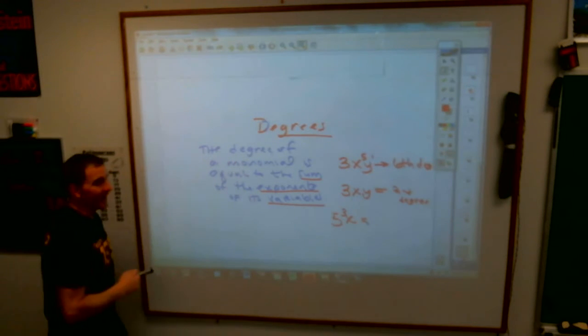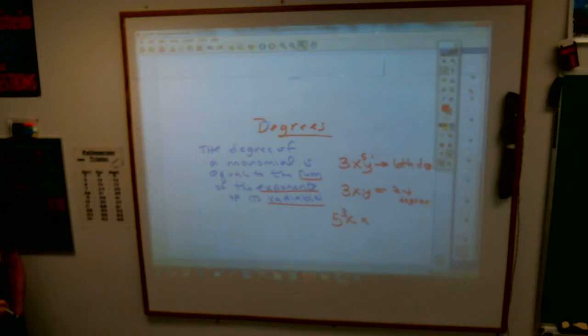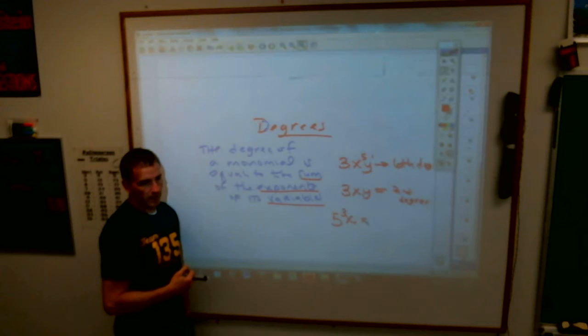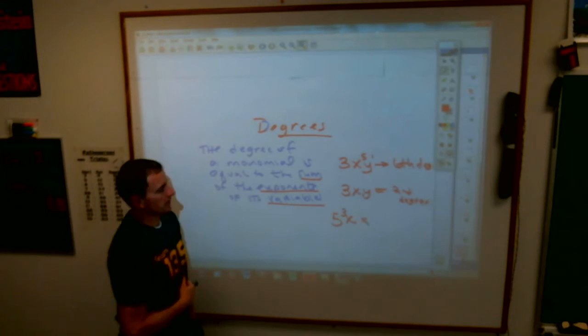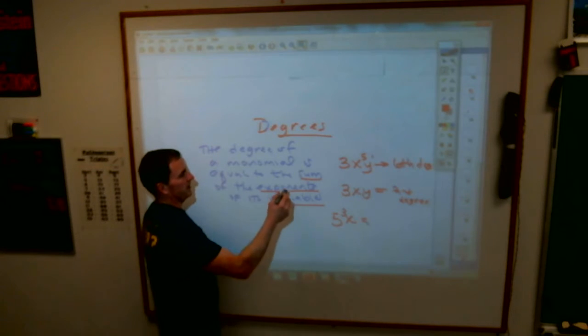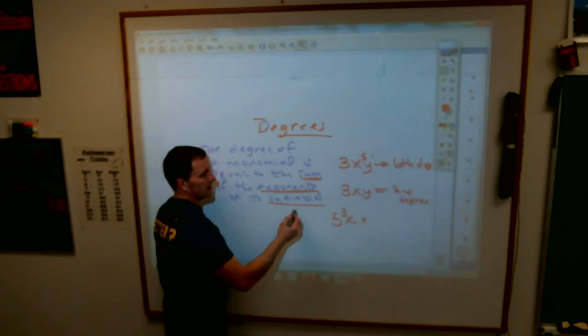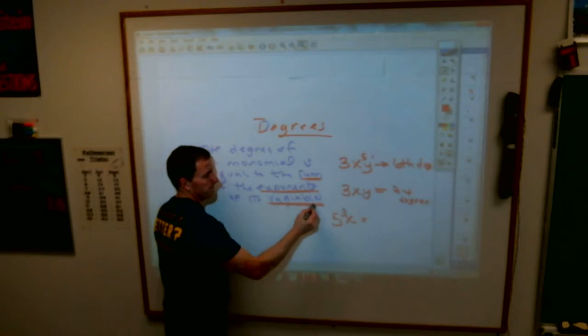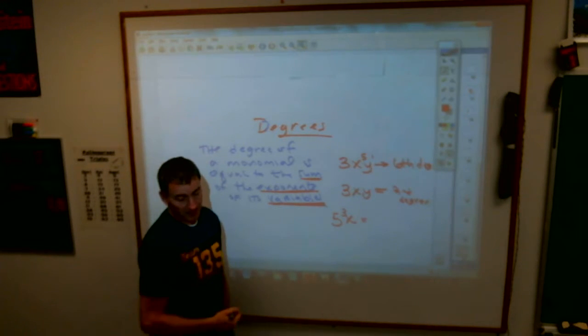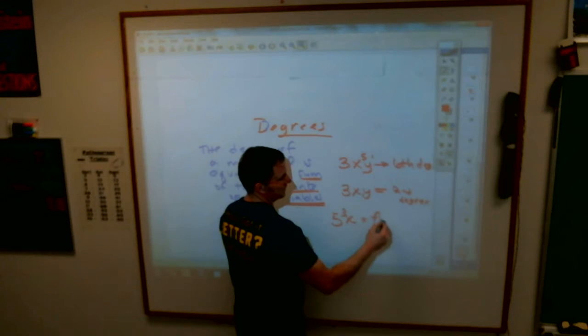What degree is that? The degree there is, Elijah? It is not the fourth. Again, look at what I underlined: sum of exponents of variables. Variables are the letters. Numbers don't matter. Yeah, this is a first degree term.